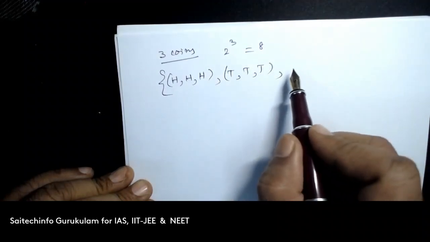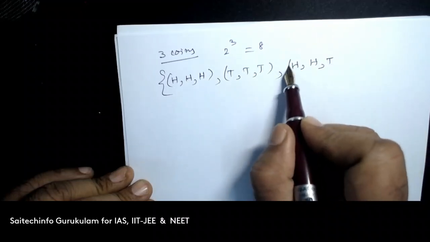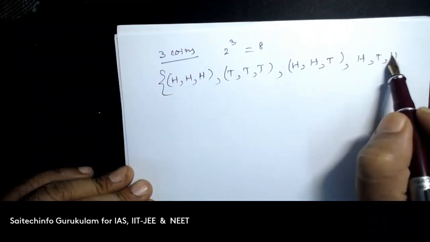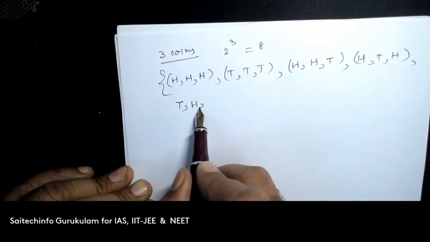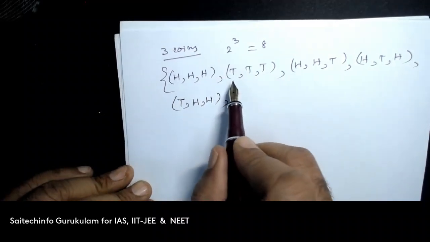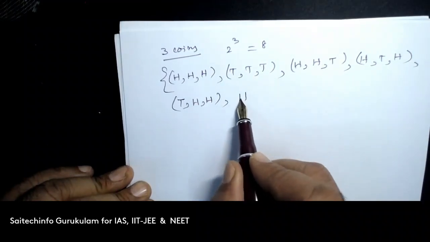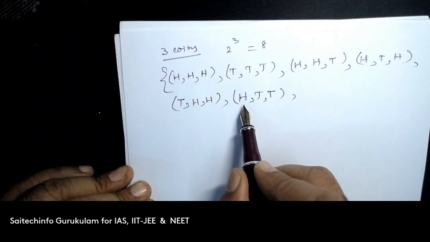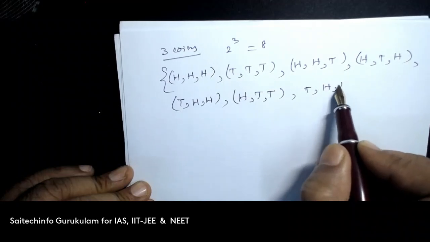The next set is 2 heads, 1 tail: first head, second tail, third head. And first tail, second head, third head. Then 1 head, 2 tails: first coin head, second and third tail, and first coin tail, second coin head, third coin tail.